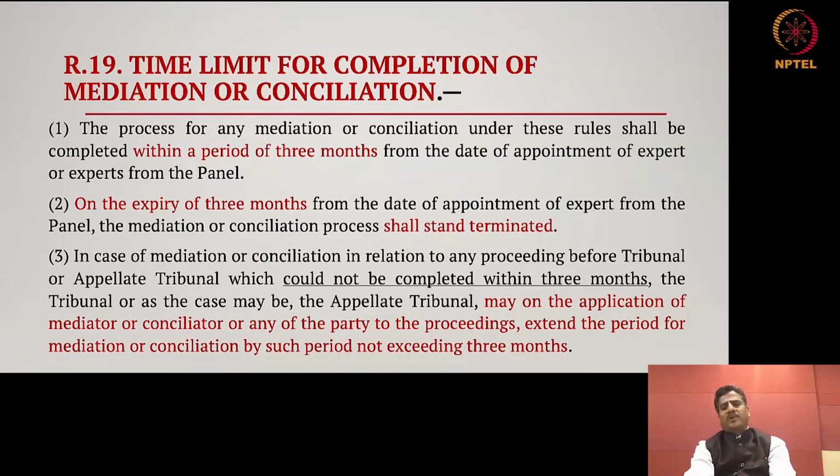The process for any mediation or conciliation under these rules shall be completed within 3 months from the date of appointment of expert or experts from the panel. On the expiry of 3 months from the date of appointment, the mediation or conciliation process shall stand terminated, which means it comes to an end after expiry of 3 months.